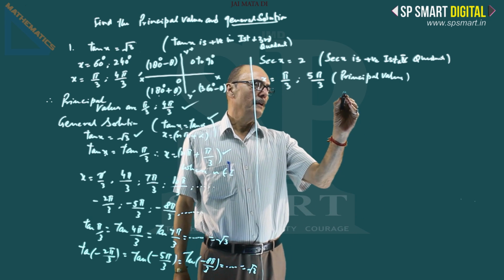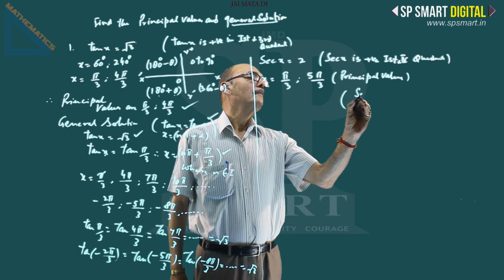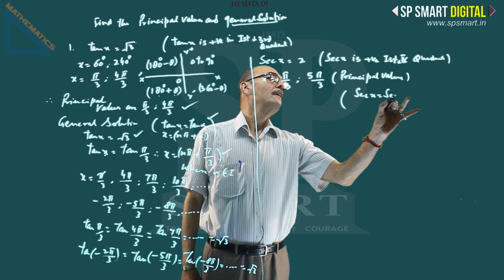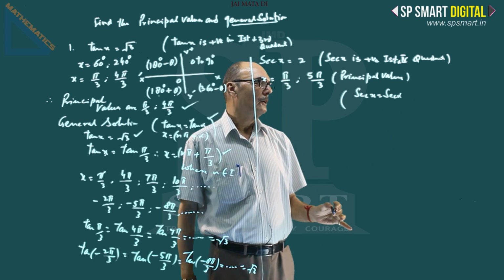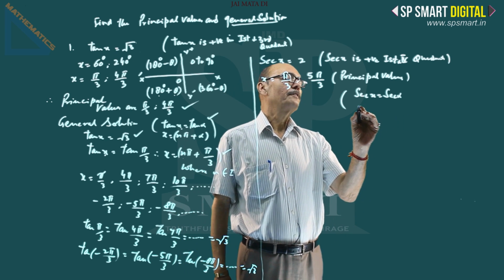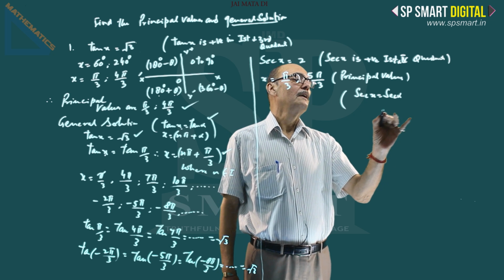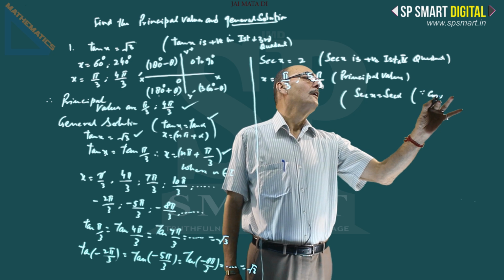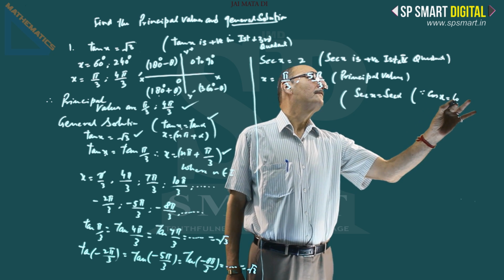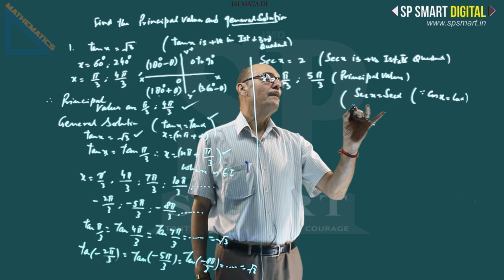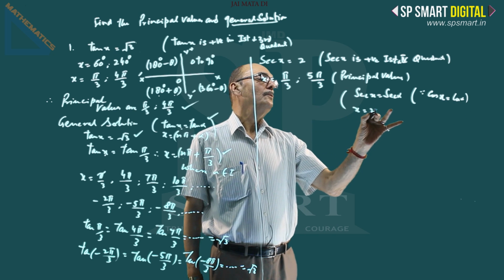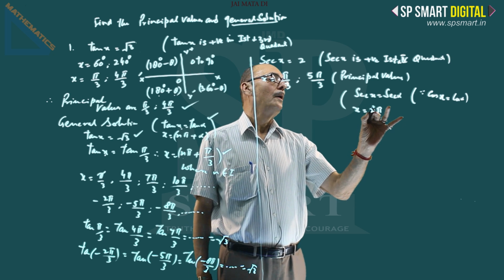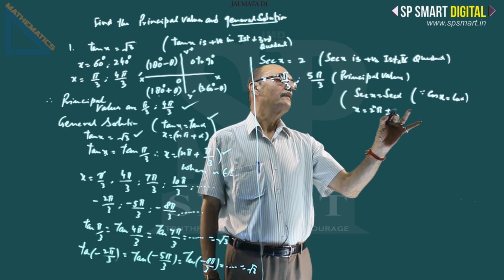For the general solution, we use secant x equal to secant of alpha. We have the same formula as for cos. This is because cos of x equal to cos of alpha from this. So, we have the same formula, x equal to 2 n pi plus minus alpha.